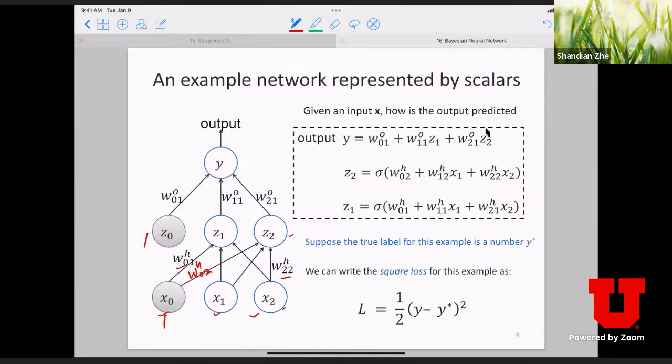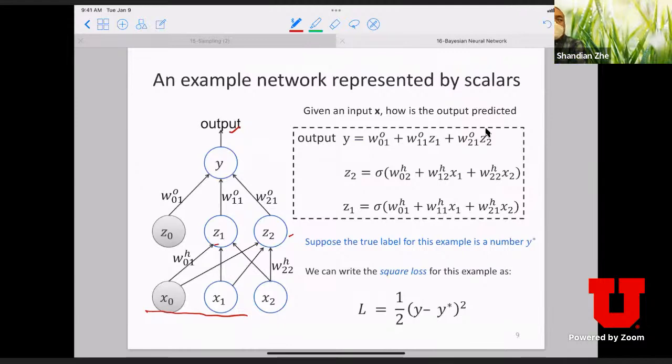Given this neural network, how do we calculate the final output, namely the prediction? We just do it layer by layer from the bottom to the top. This is called a forward pass. How can we do that? We start from the input layer. Then we compute the output of each neuron in the next layer.